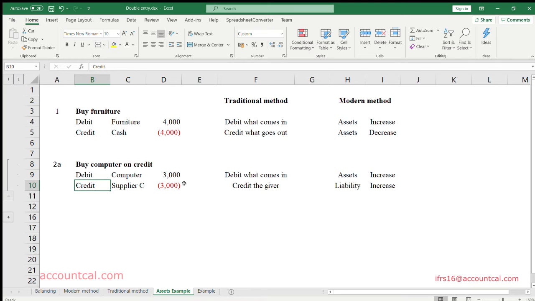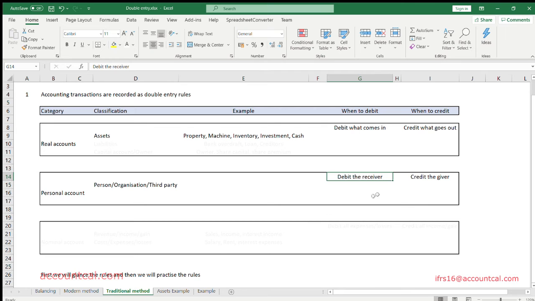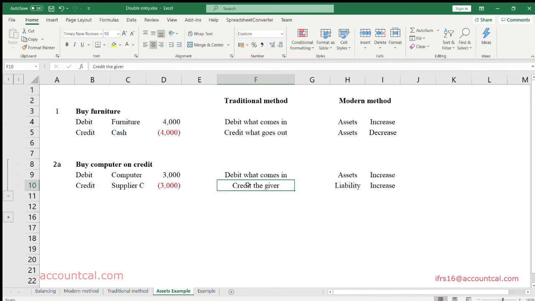Supplier C. He has given us the computer. He has not taken the money. He has just given us the computer. So he becomes a giver. Since he becomes a giver, what are we saying? Credit the giver. So we will credit the giver. This is as per the traditional approach.